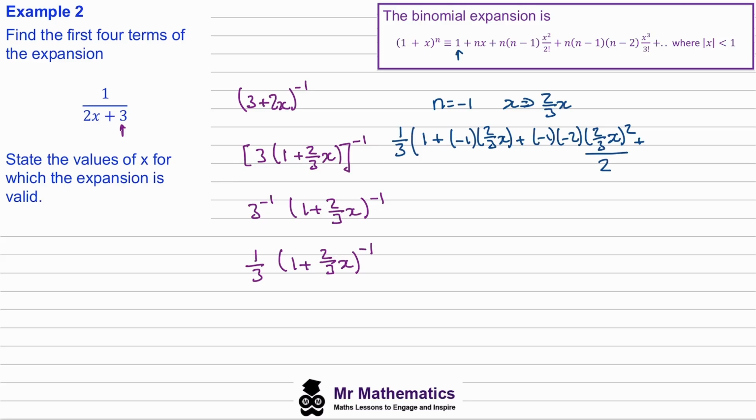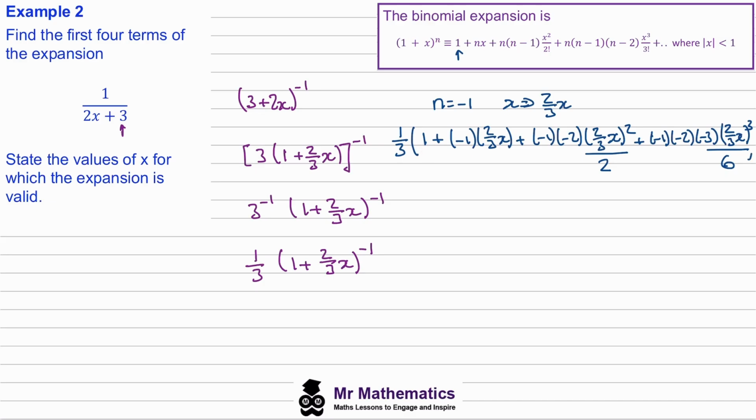And then for our next term, we've got n minus 1, and n minus 2, multiplied by the x term cubed, divided by 3 factorial, which is 6.